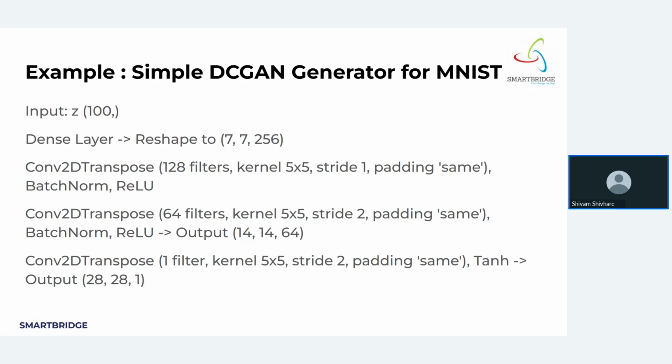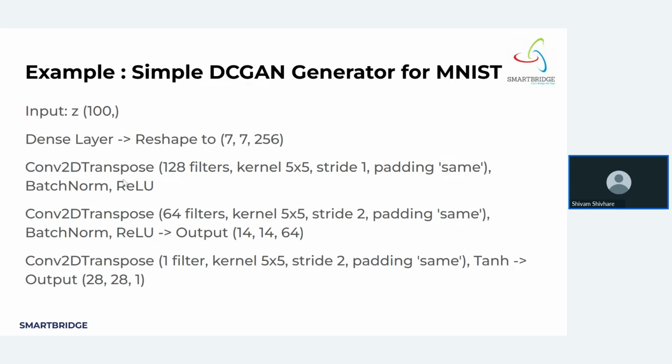In that way, this one university has collected a huge dataset, nearly 70 to 80,000 images of handwritten digits, 0 to 9. So we call it the MNIST dataset. Using that MNIST dataset, we use some random noise, 100 values.